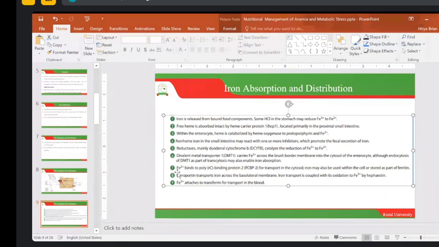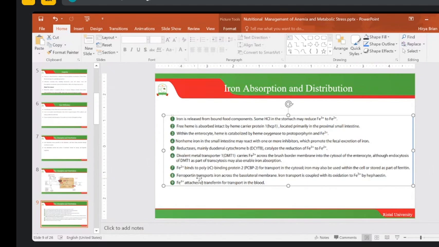Then also we are looking at iron being able to bind to the PCB, the poly C binding protein, for the transport into the cytosol. Sorry, and iron may also be used within the cell and also stored as ferritin, as we saw.